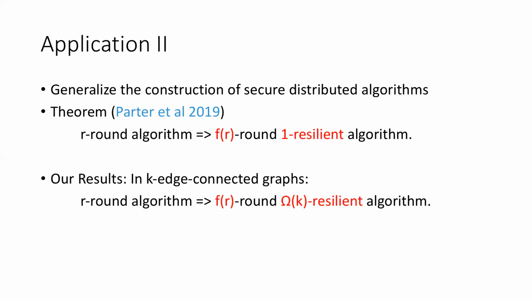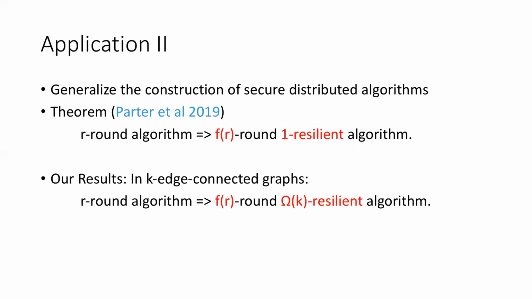Our second application is for constructing distributed algorithms that are resilient to edge failures. We say that a distributed algorithm is resilient to an edge failure, or it is one-resilient, if in the presence of an adversary who can corrupt the message on one edge in each communication round, the algorithm still outputs the correct solution. In previous work on resilient distributed algorithms, Parter et al. proposed the notion of low congestion cycle cover, which is a similar structure as low congestion shortcut.